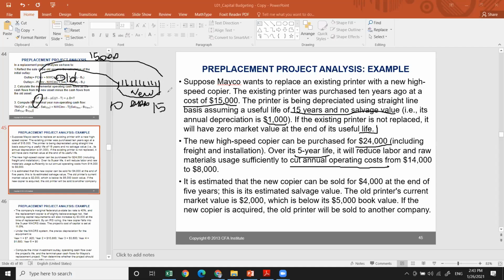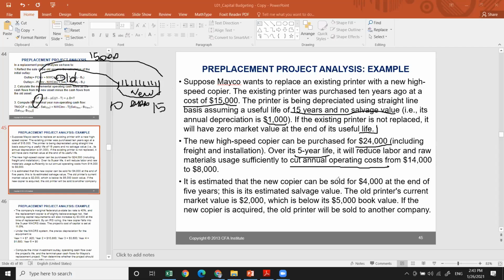We need to estimate whether replacing the old one with the new copier will be beneficial for us. This is the idea, but let us read more. We'll cut the operating cost from 14,000 to 8,000, so the reason to replace is to cut the operational cost by 6,000.